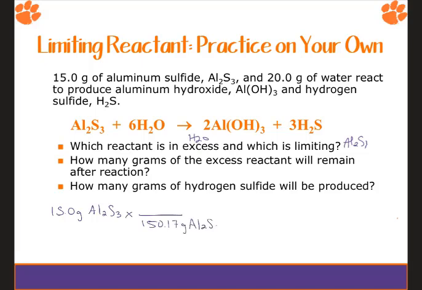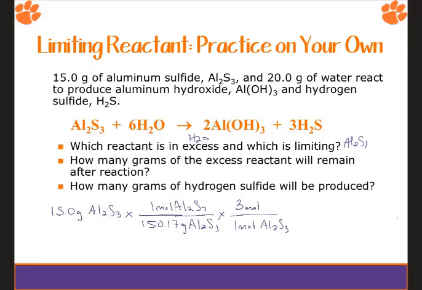Again, if you just saved the mole amount, just use that. And you can save yourself a step because we keep doing the same grams to mole calculation each and every time. All right, so then we go from moles of aluminum sulfide to moles of dihydrogen sulfide or hydrogen sulfide.